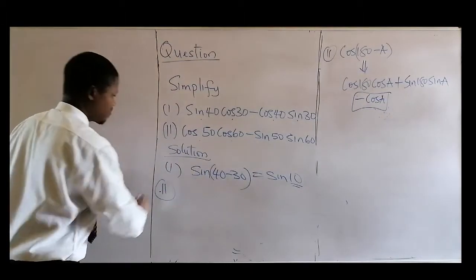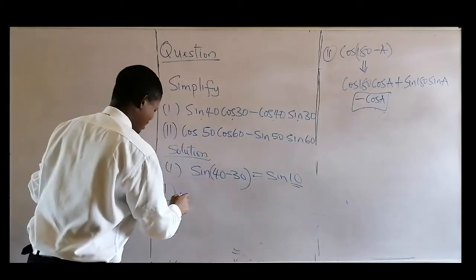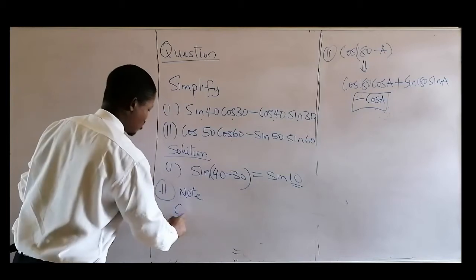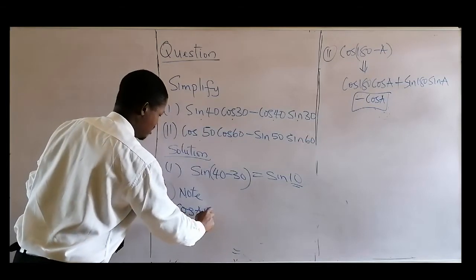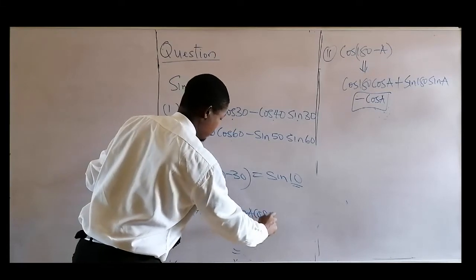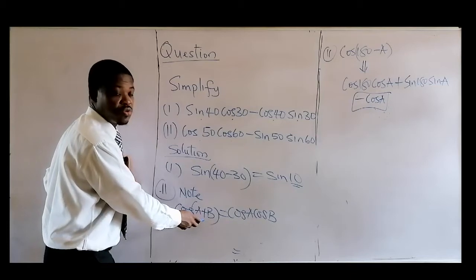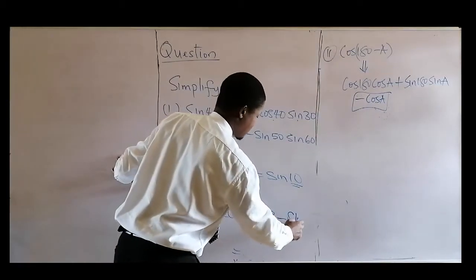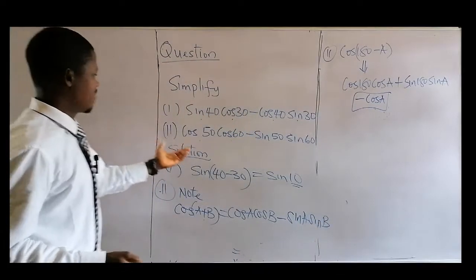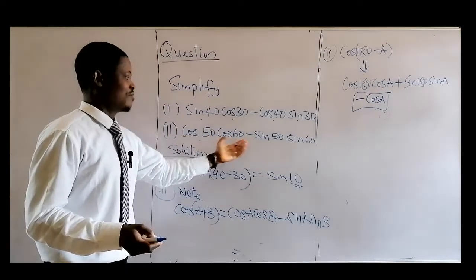Number two, note that before I do the final conclusion, cos A plus B is equal to cos A cos B, and then the sign will reverse. That will be minus sine A sine B. So in that case, you're having cos 50 cos 60, and then minus sine 50 sine 60.